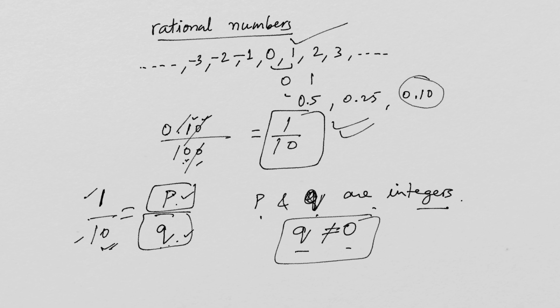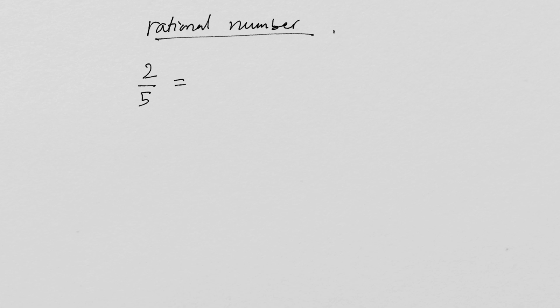Now, one very interesting thing about rational numbers is that if we write the rational number in decimal form, suppose 2 by 5, we get 0.4, and that's it.